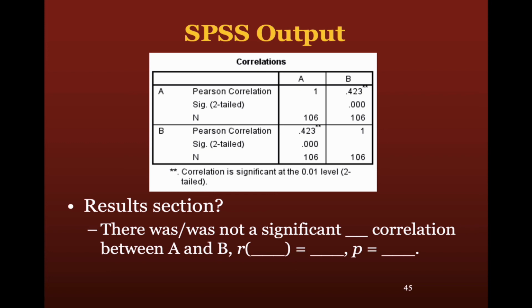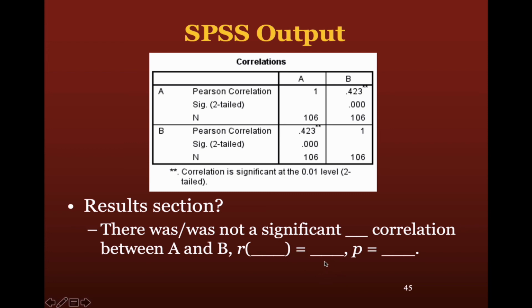All right, so if we're writing up the results section, first of all, is there a significant correlation? And there is. So we say there was a significant positive correlation between A and B. Our degrees of freedom is going to be, again, 106 minus 2, so 104.